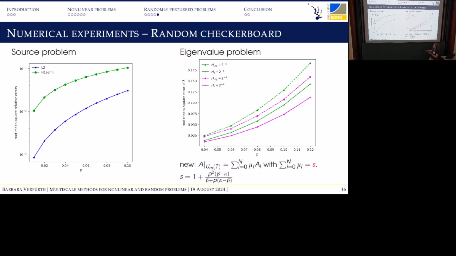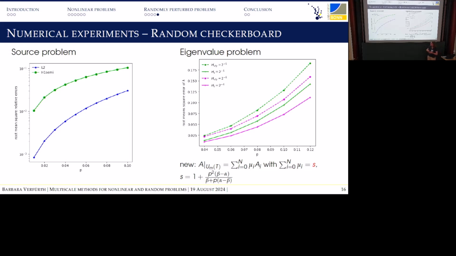Of course, you see an increase with p, but for up to reasonable defect probabilities you have reasonable relative errors. Typically, I would say that I don't want to have a manufacturing defect of more than, let's say, 10% or something. And up to, I don't know, 7% or so, I'm below 1% relative L2 error. But this depends, of course, on the application.